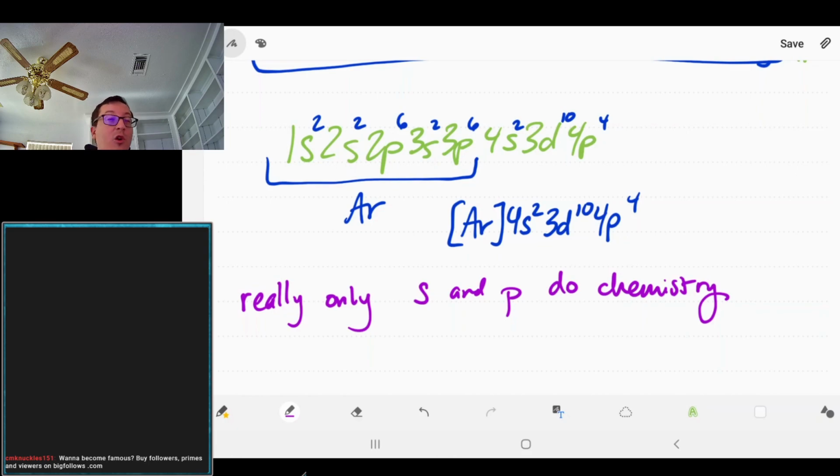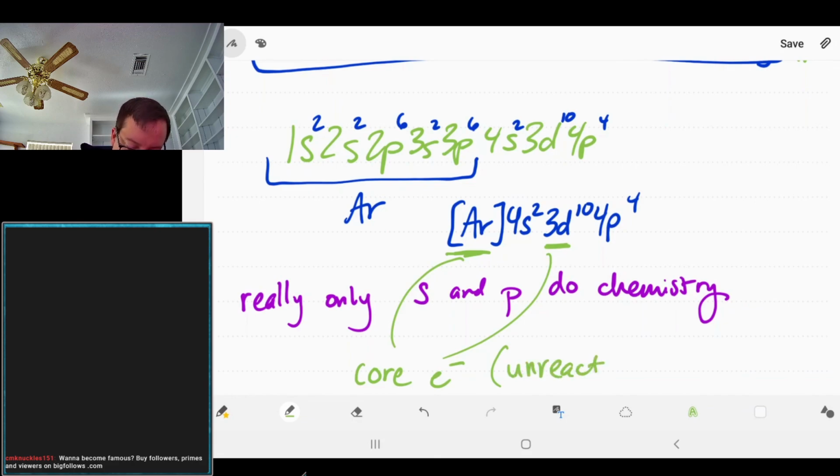These, what we call core electrons, are pretty much unreactive for any element. We're going to see that anything that's not s and p and not the highest shell really doesn't do anything. So we can go ahead and just hide those in these noble gas configurations.